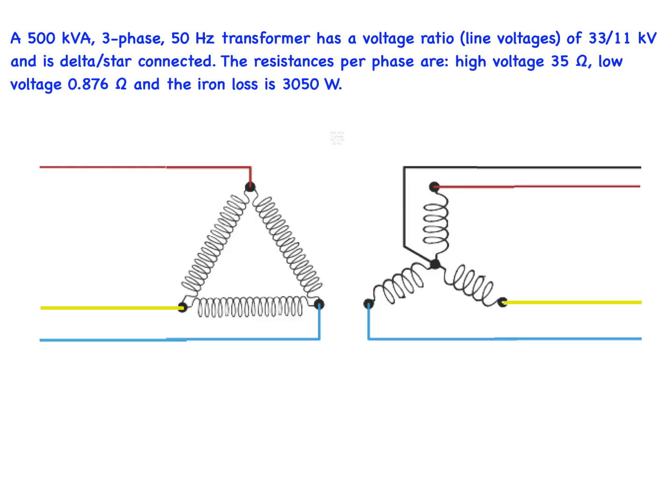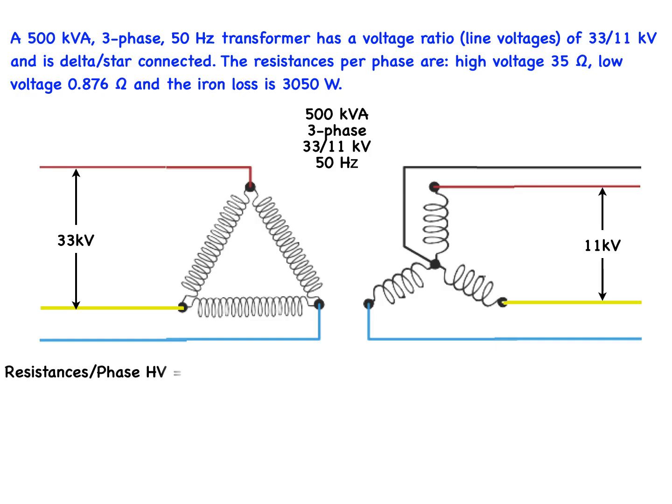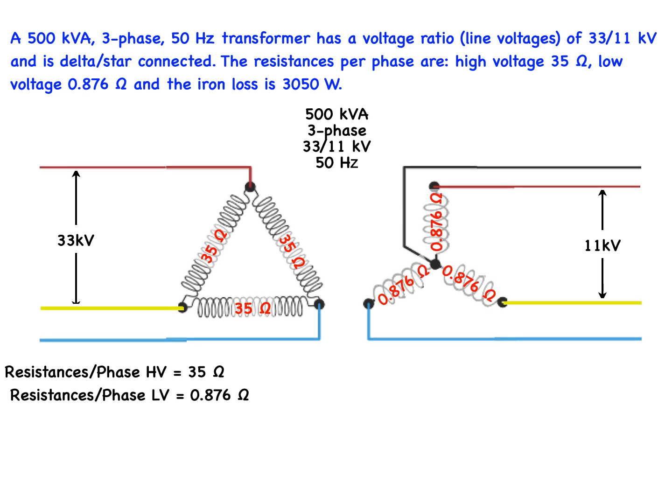A 500 kVA three-phase 50 Hz transformer has a voltage ratio, line voltages, of 33 to 11 kV, and it is delta-star connected. The winding resistances per phase on the high voltage side is 35 ohms, and per phase on the low voltage side is 0.876 ohms.